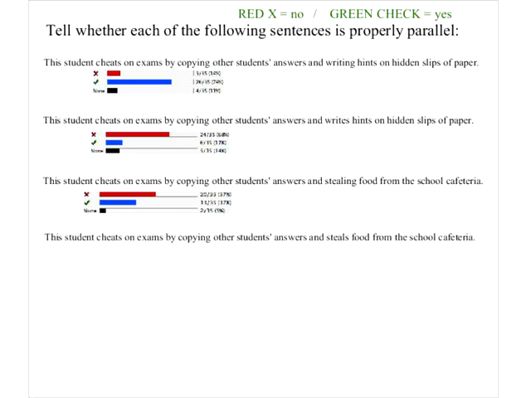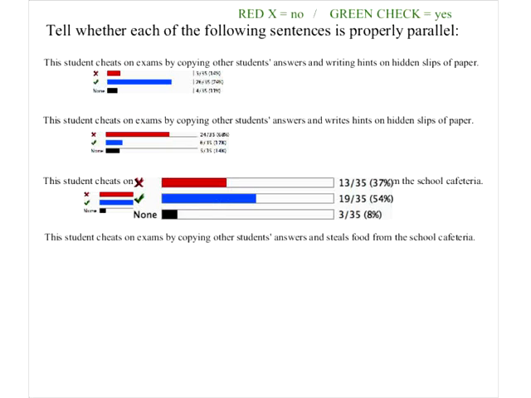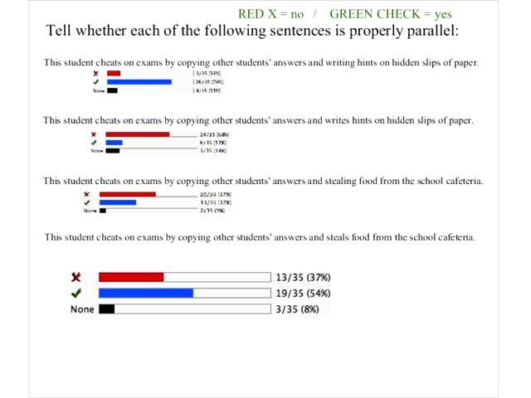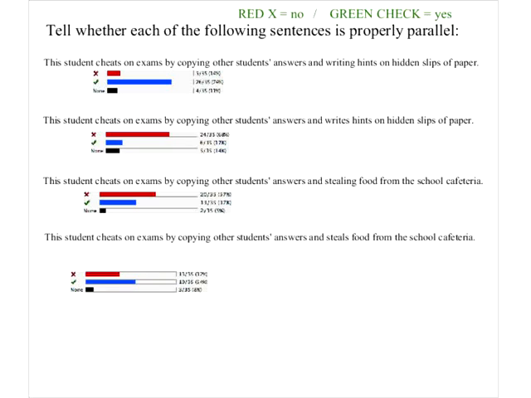Okay, let's take a few more seconds for that if you guys need it. 5, 4, 3, 2, 1, boom. There's your statistics. So again, the crowd is actually right about all 4 of these.